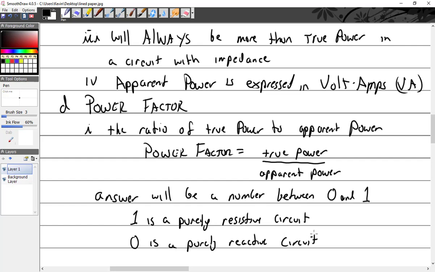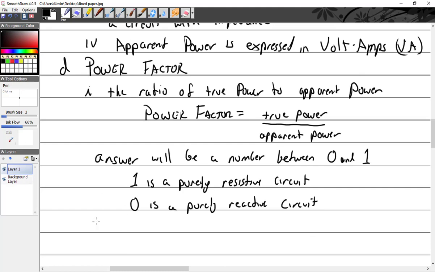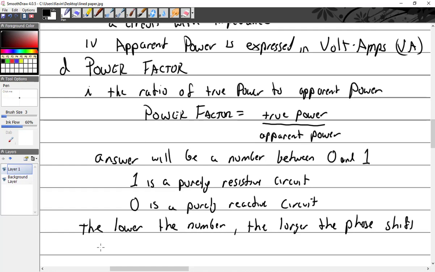So no resistance, just reactive. And last point, the lower the number, the larger the phase shift. The lower the efficiency.